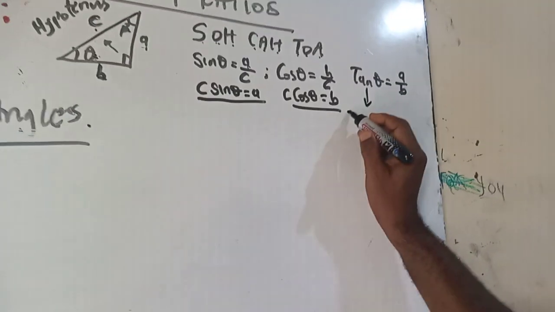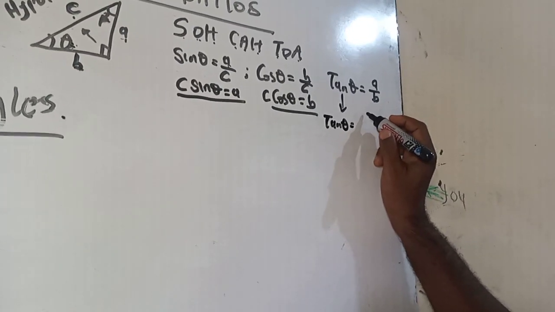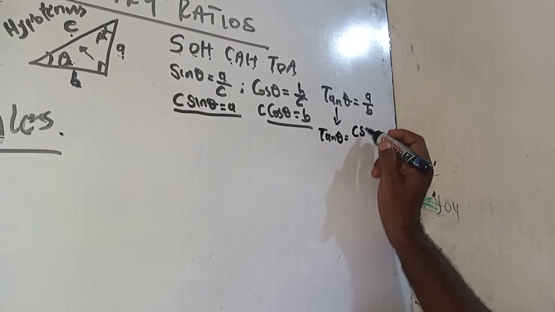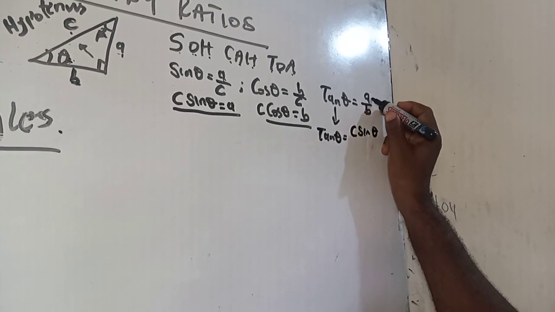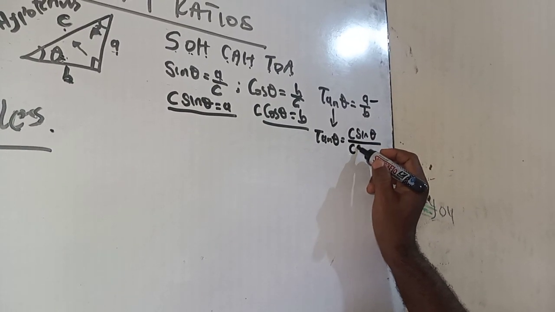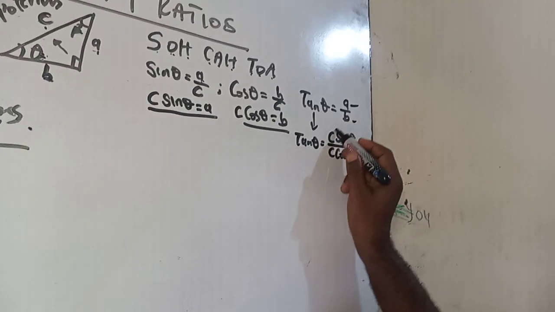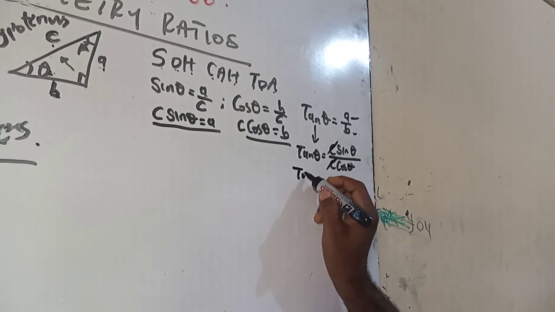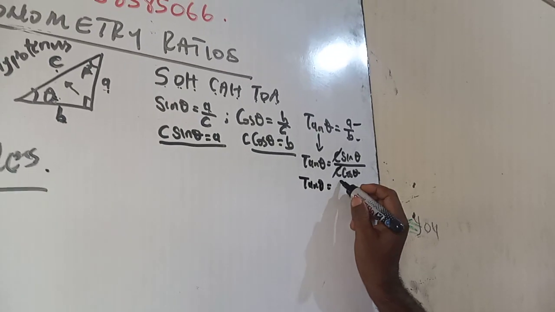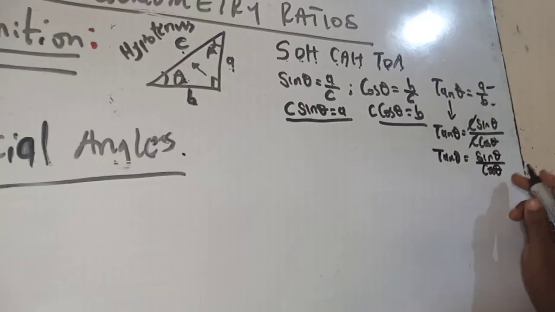Therefore, tan theta can be expressed as C sine theta for this A divided by C cos theta for this B. So this C cancels C. Therefore, tan theta can be expressed as sine theta divided by cos theta.